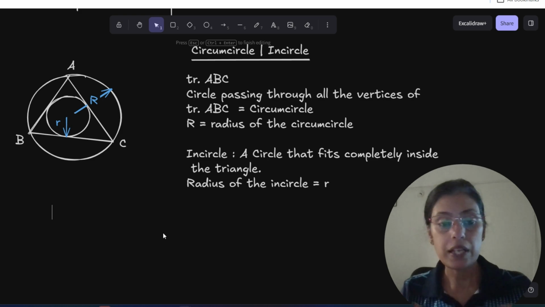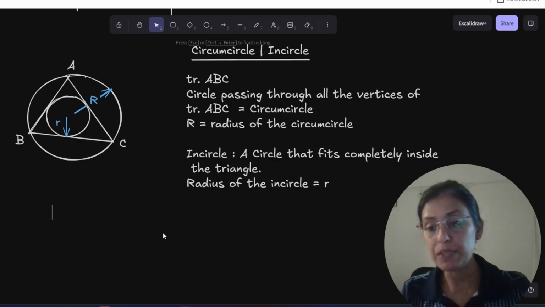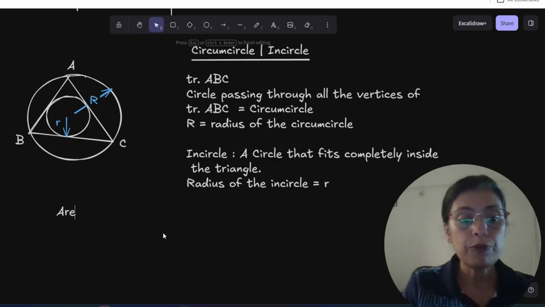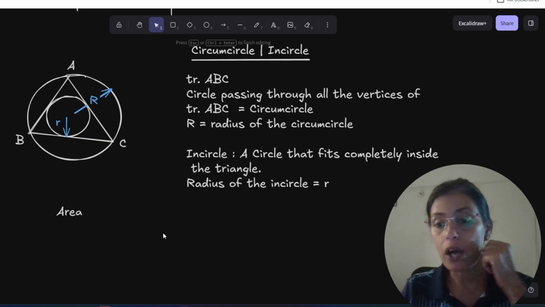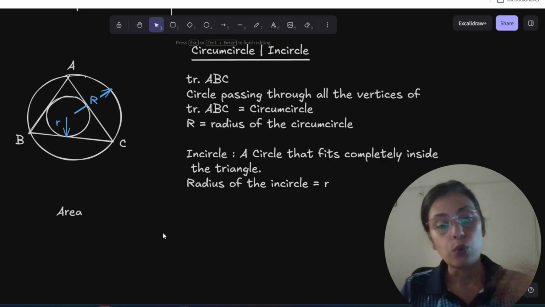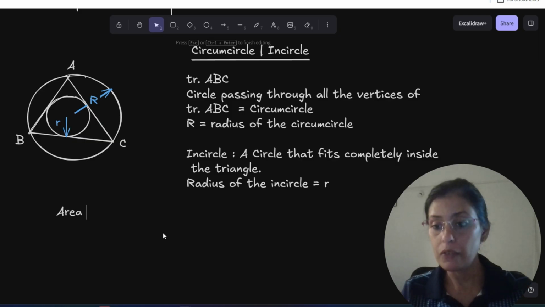Now there is a very interesting formula for the area of this triangle ABC. So the proof of this formula you will be learning in grade 10. So I will not cover it in this video, but only the formulas you can see and remember.